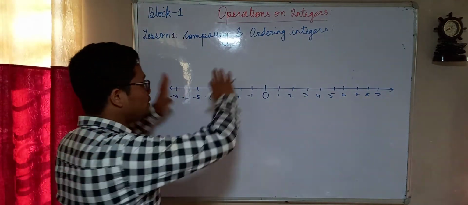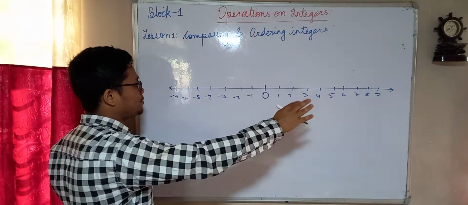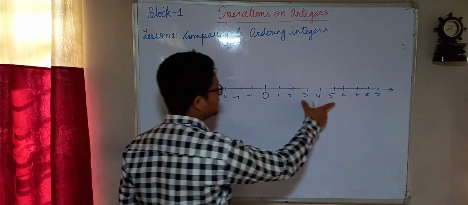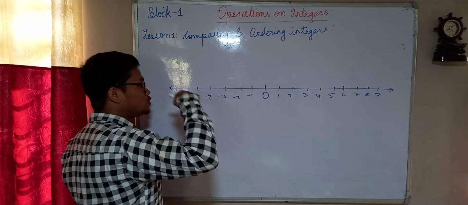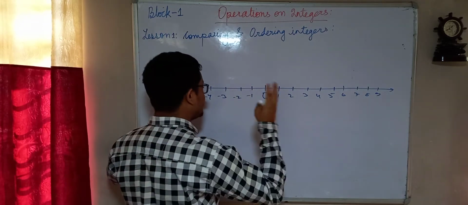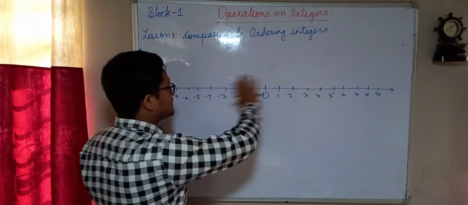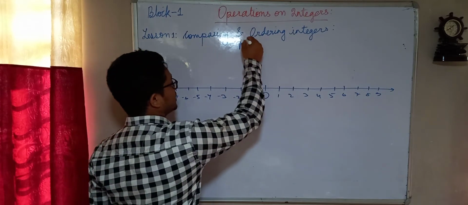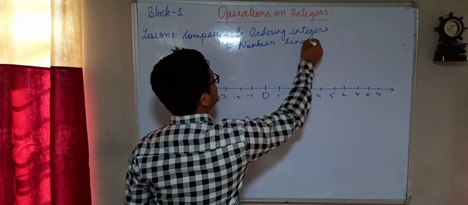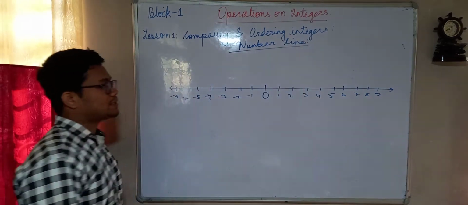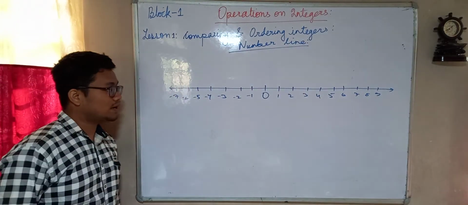This whole line where positive numbers, 0 and negative numbers are represented is integers. All the integers indicated in a line is known as a number line, children.